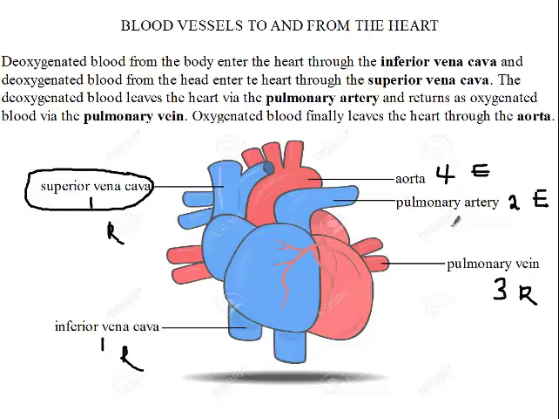Pulmonary artery is for carrying deoxygenated blood away. The pulmonary vein is for receiving oxygenated blood, and then the aorta is for pumping out oxygenated blood. So these are the blood vessels in, to, and from the heart.